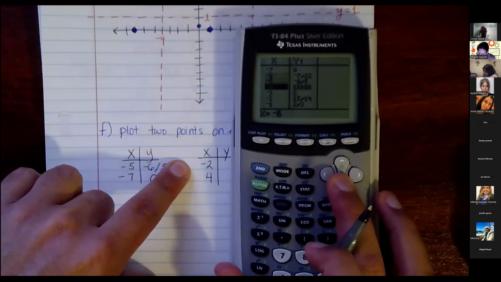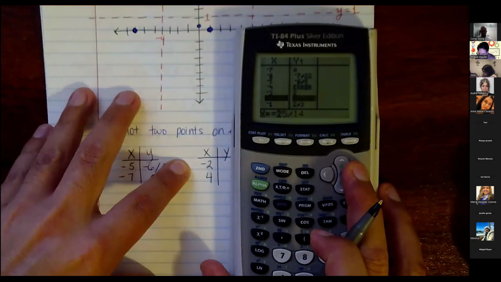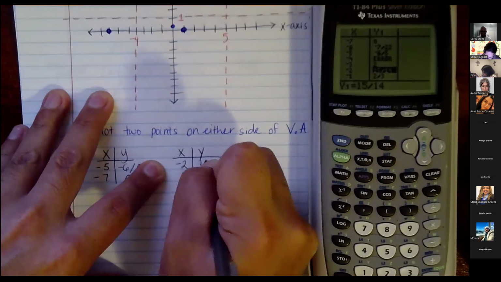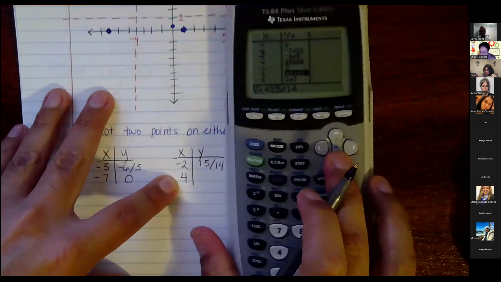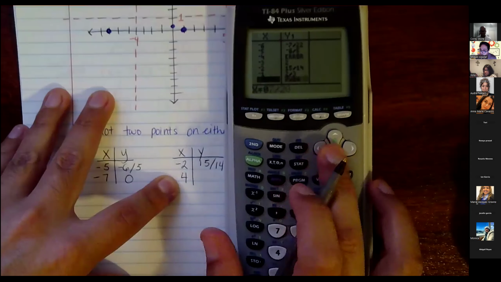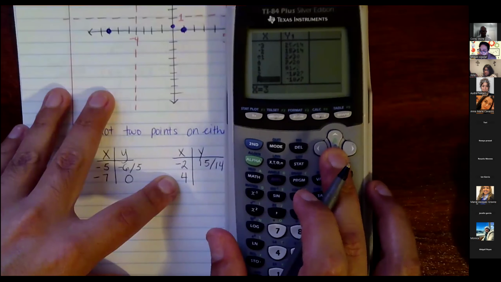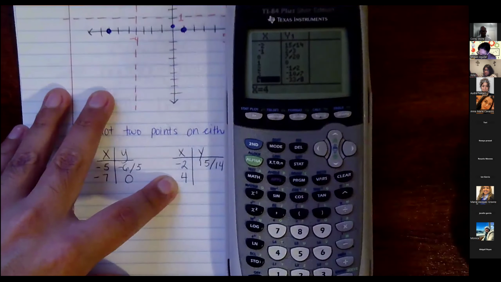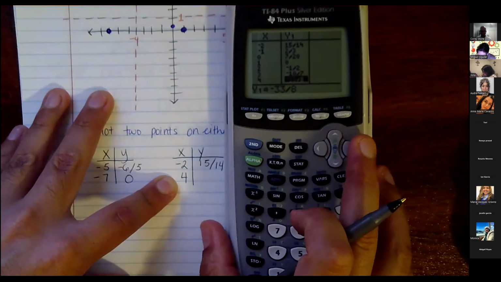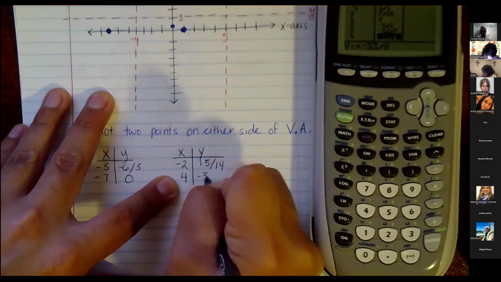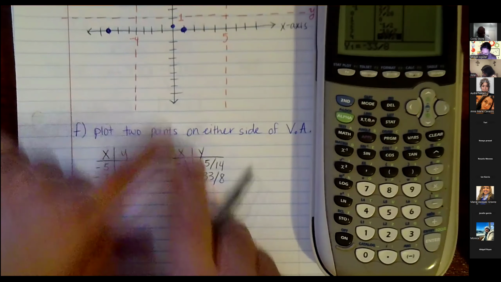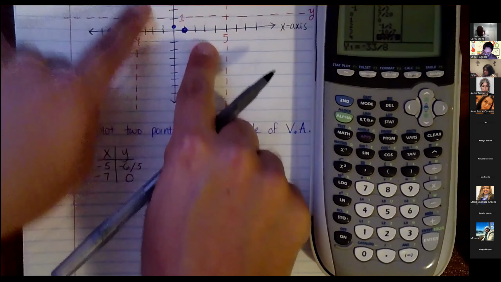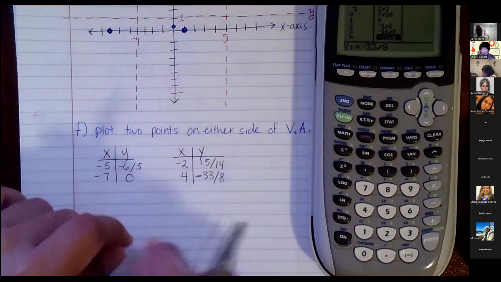So -2 has a y value of 15 over 14. And then 4 has a y value of -33 over 8.